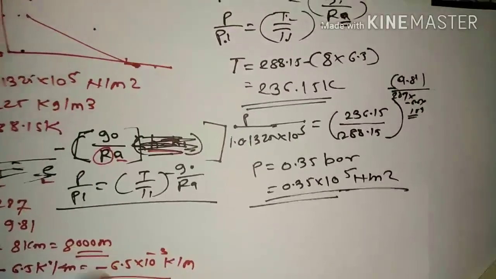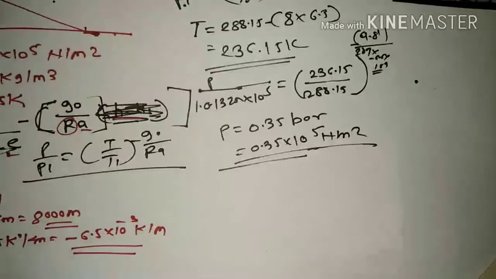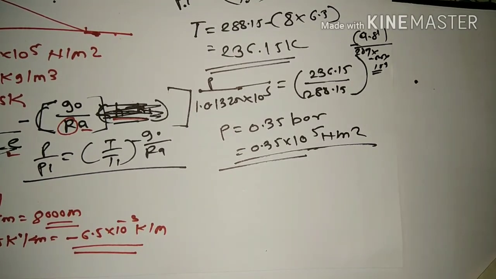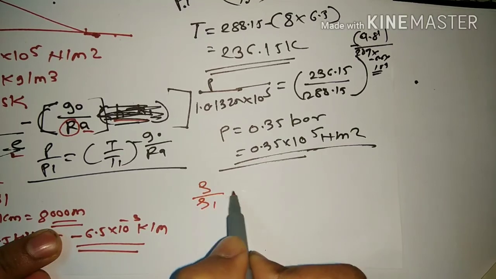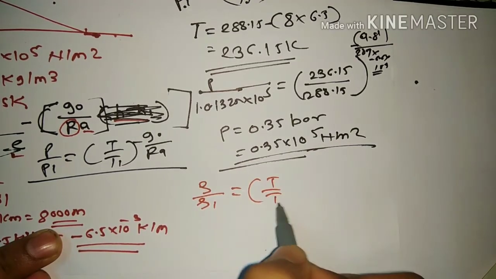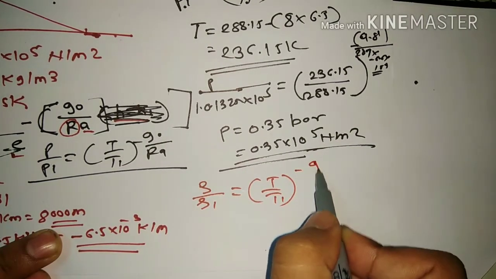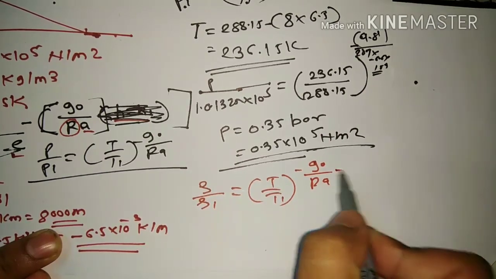Now we are going to calculate the density. The density is not that much different, we just have to add one to the exponent. So rho by rho 1 is equal to T by T1 to the power of minus Geo by RA plus 1.